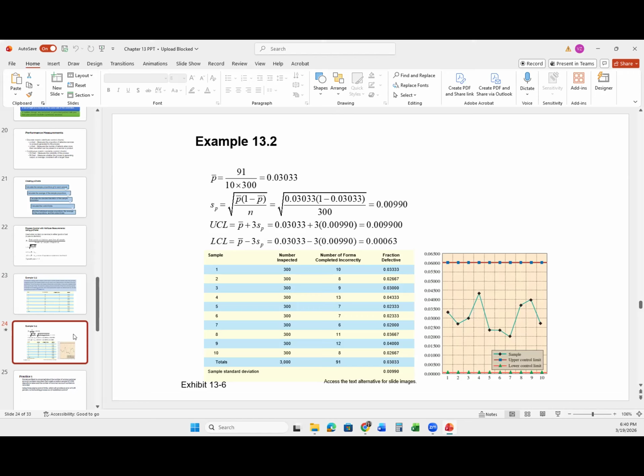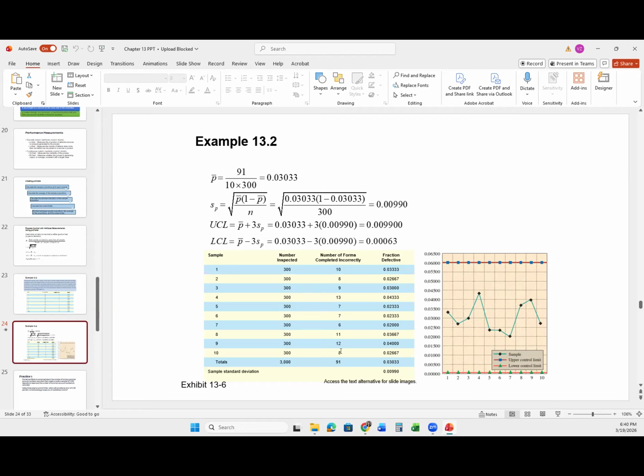The first thing you need to calculate is p-bar. This is the average fraction defective. For all the 3,000 units you inspected, what is the percent that is defective? You use the total number of defects you found, 10 for sample 1 until 8 for sample 10.